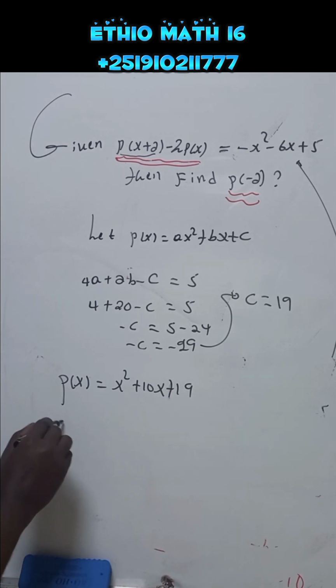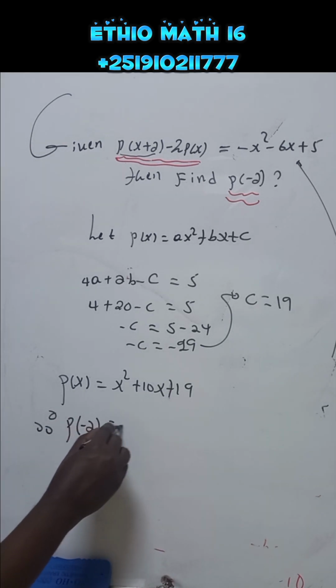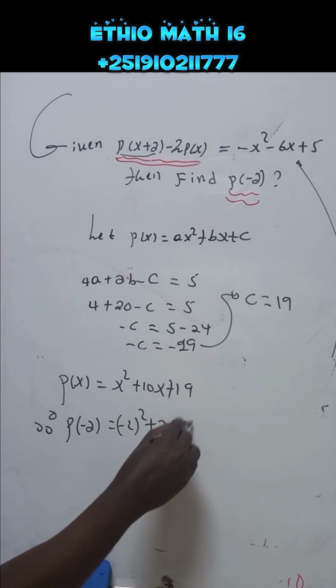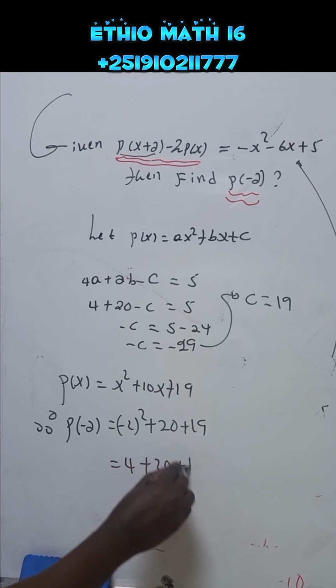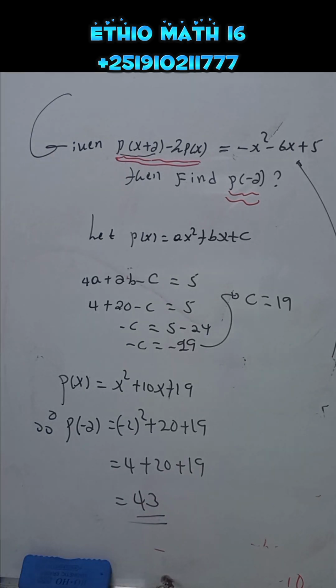We have this. So therefore, finally, p of minus 2 is exactly minus 2 the whole squared plus 20 plus 19. So this is 4 plus 20 plus 19, which is given by 43.